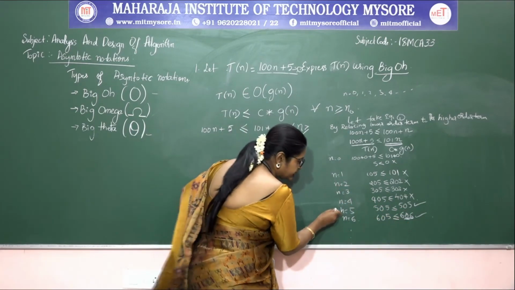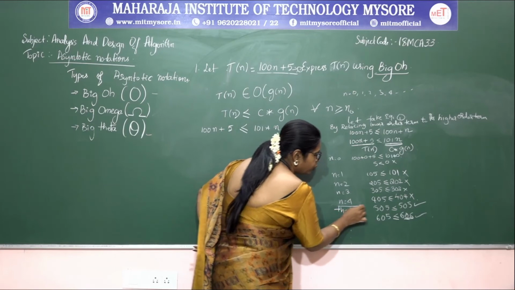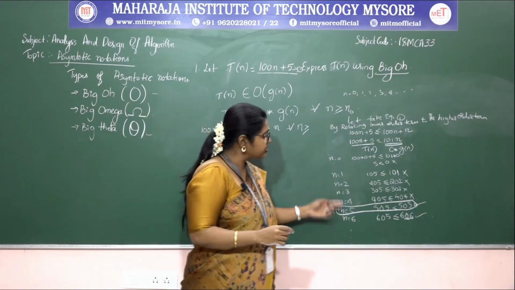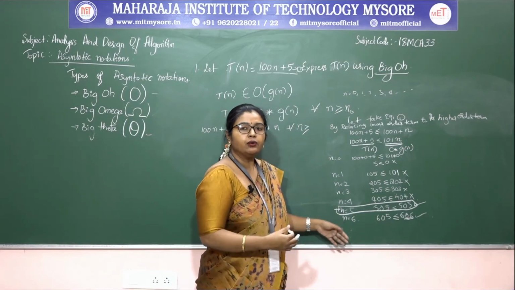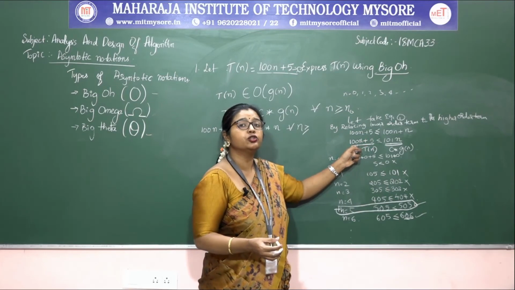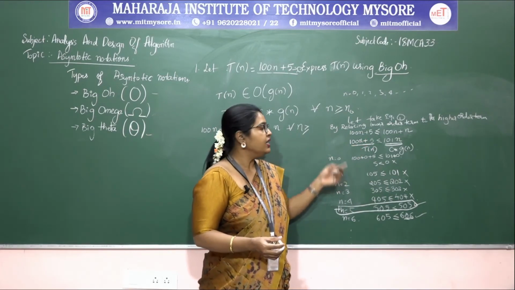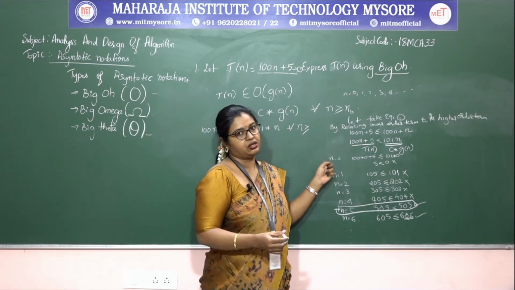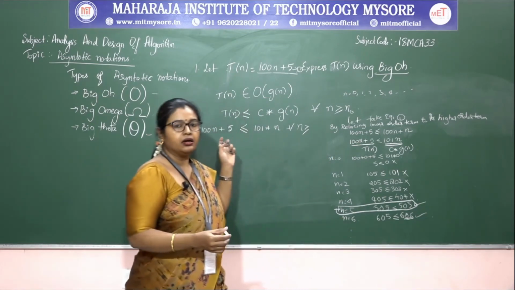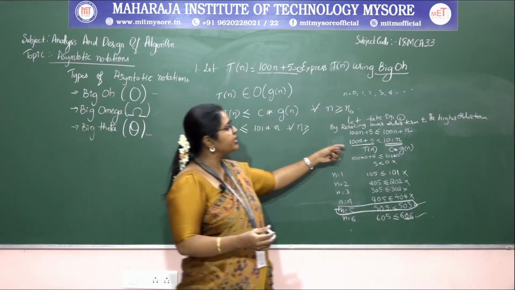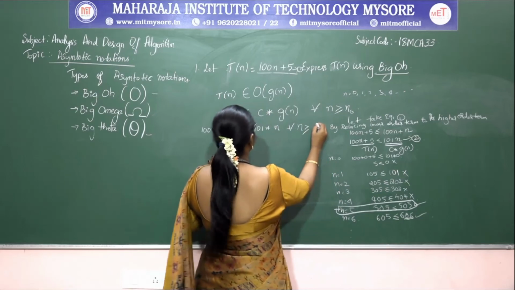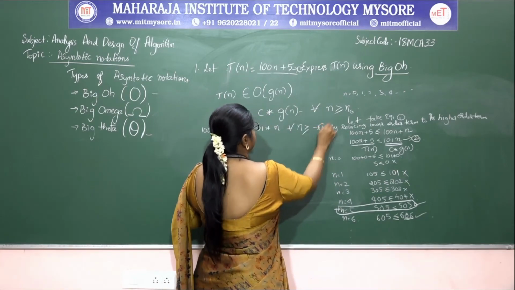So this point is called your absolute point. That means after this value, even if you give n is equal to 100, this condition is going to hold good. Whatever constraint we have used, according to that we need to write it. Let me call this equation 2 and the other equation 1.